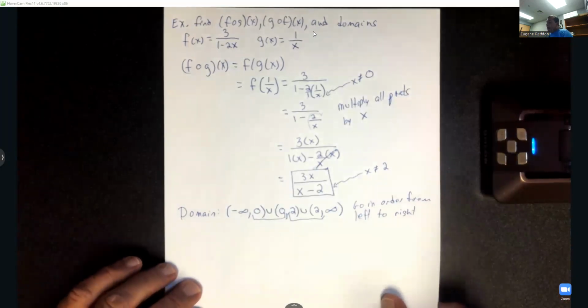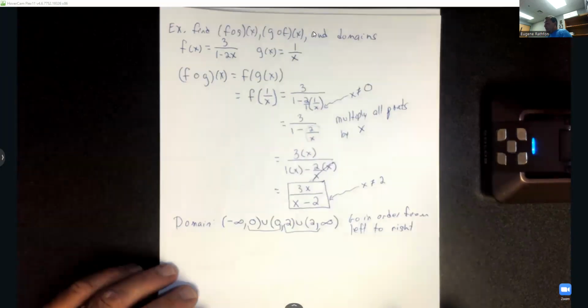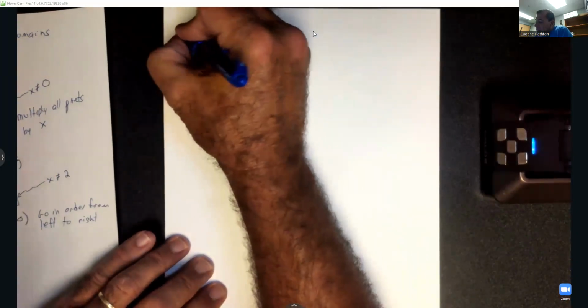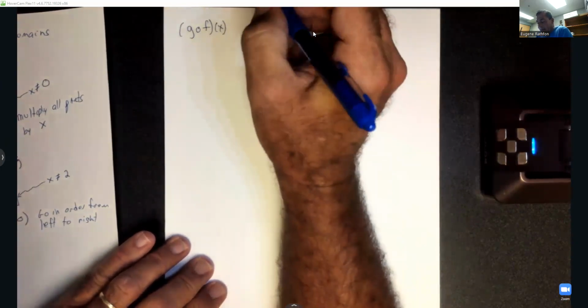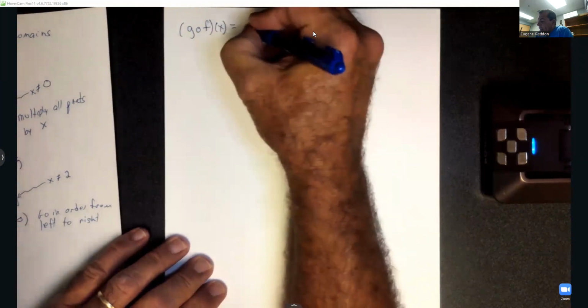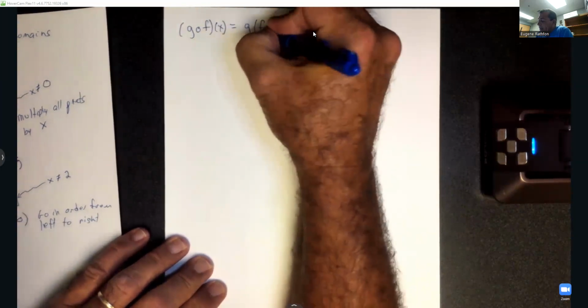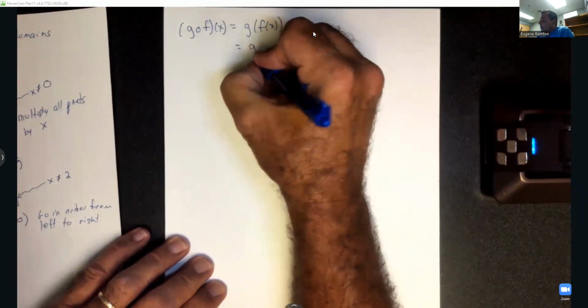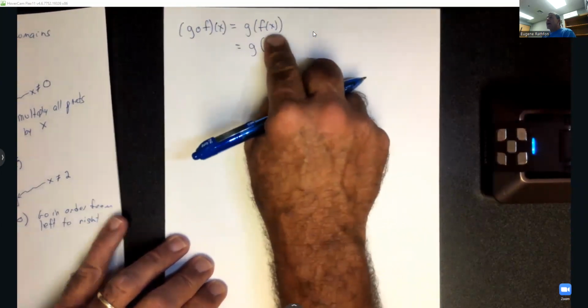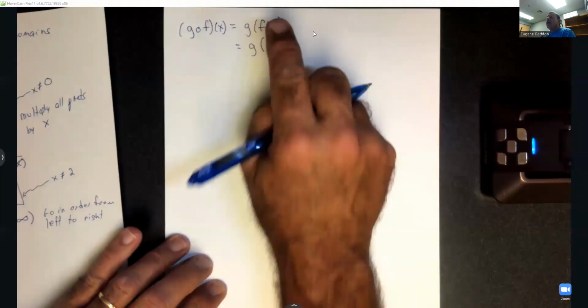Okay. All right. So for our part B on that one, so let me write that in right here. For part B, we got to find G of F of X. So that's like G of F of X, which means we're going to find a G of whatever my F function was.